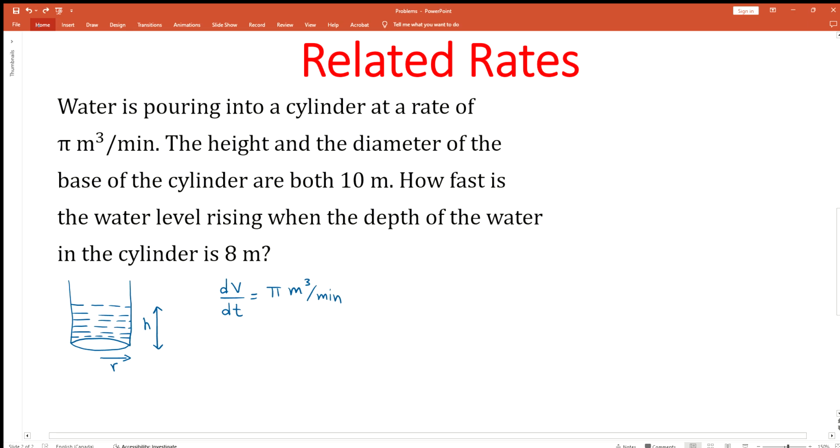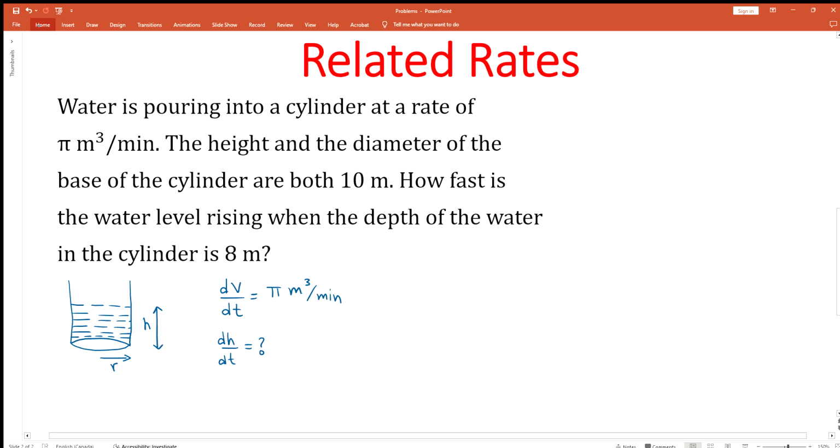In this problem, we need to find how fast the water level is rising in the cylinder when the depth of the water is 8 meters. That means we have to find the value of dh over dt when the height of the water in the cylinder is 8.